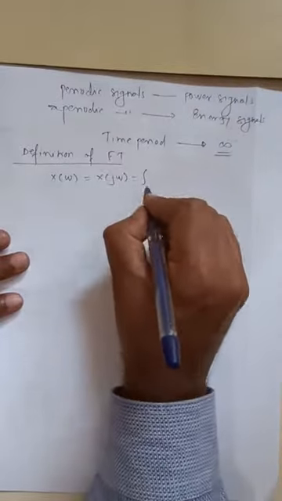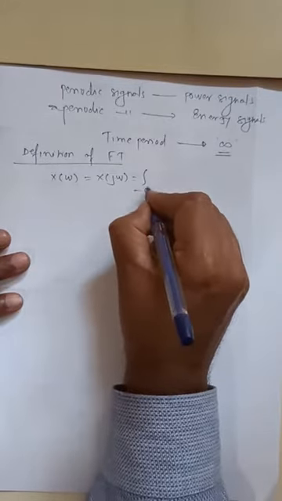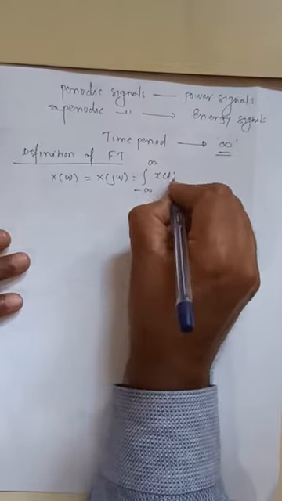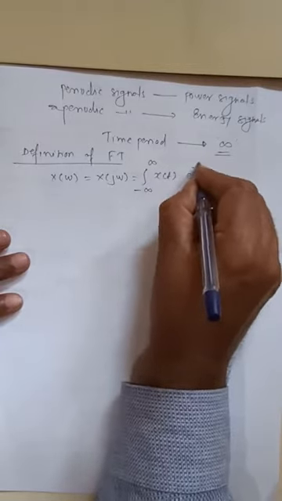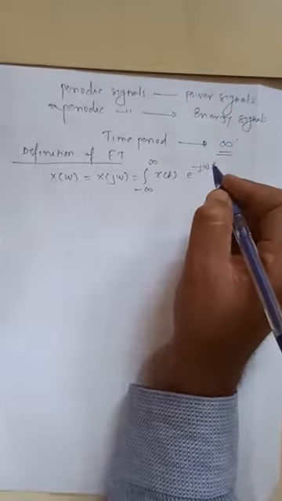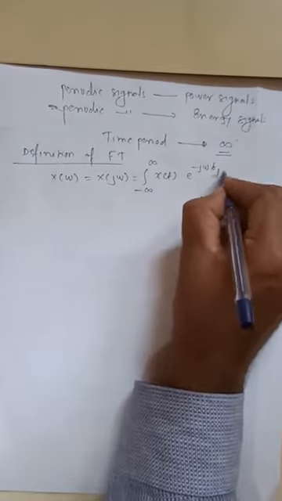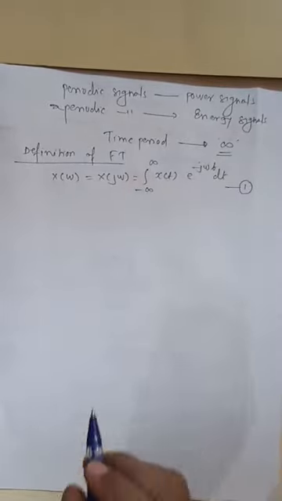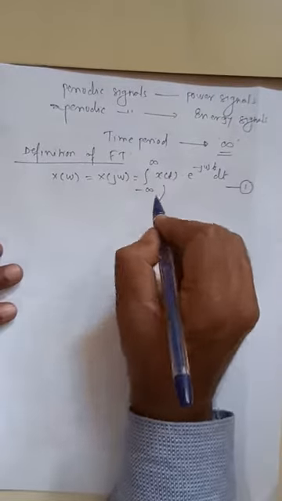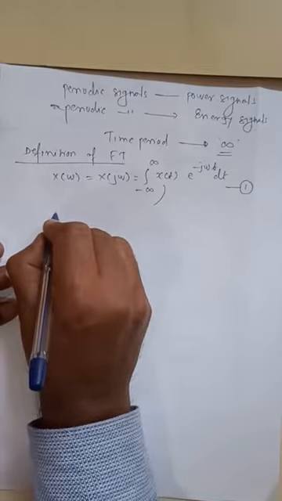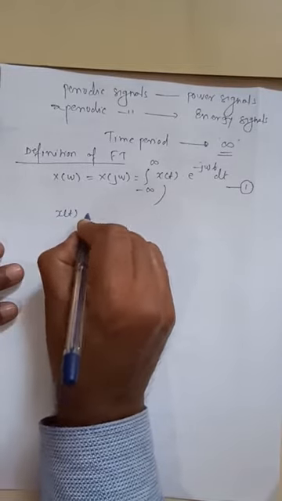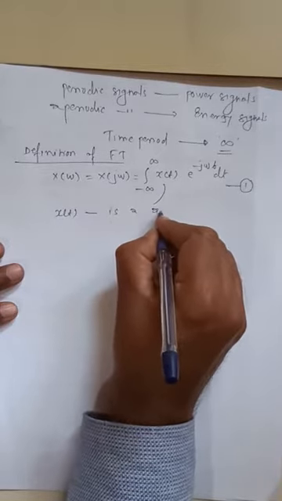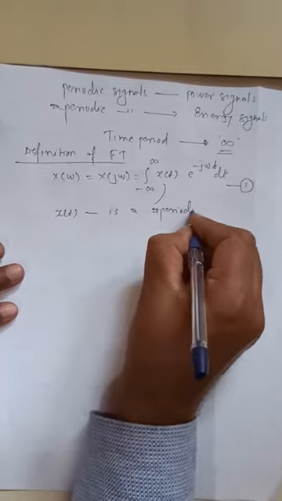It is defined as the integration from minus infinity to plus infinity of x of t into e raised to minus j omega t into dt. Let it be equation number 1. Here x of t is a CT signal, or you can say an aperiodic signal in this case.